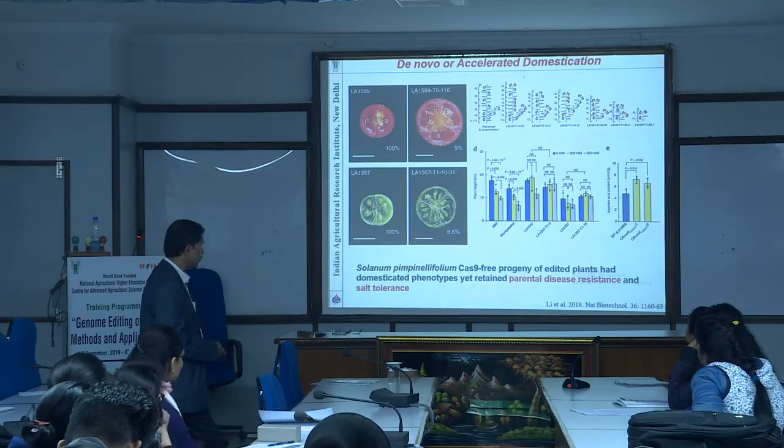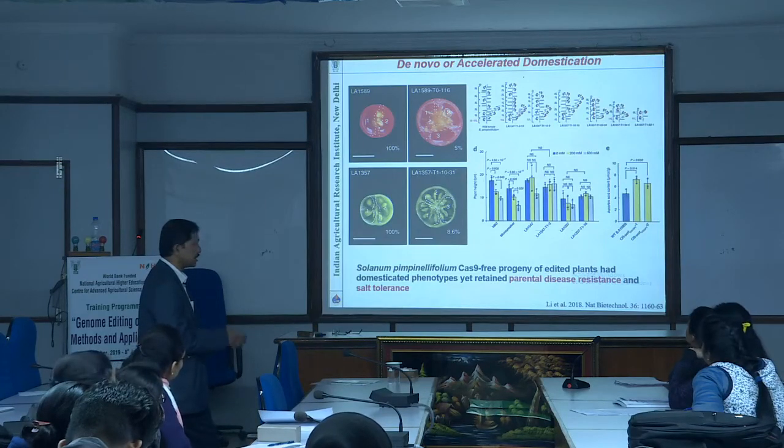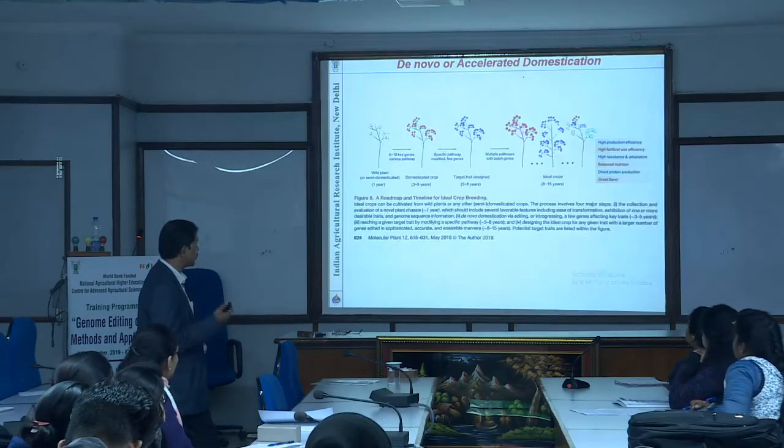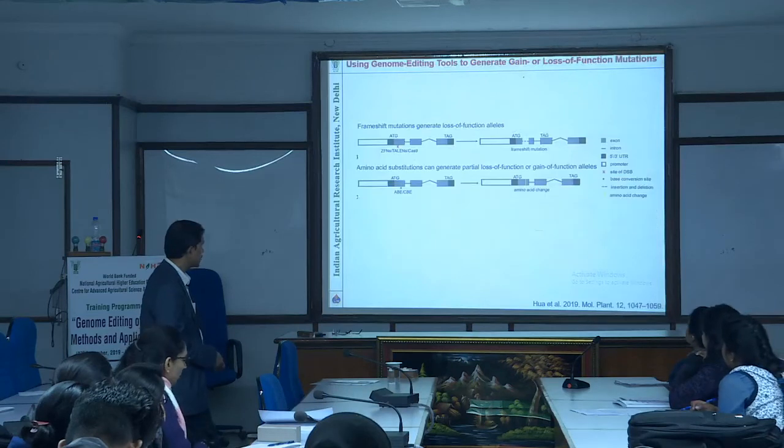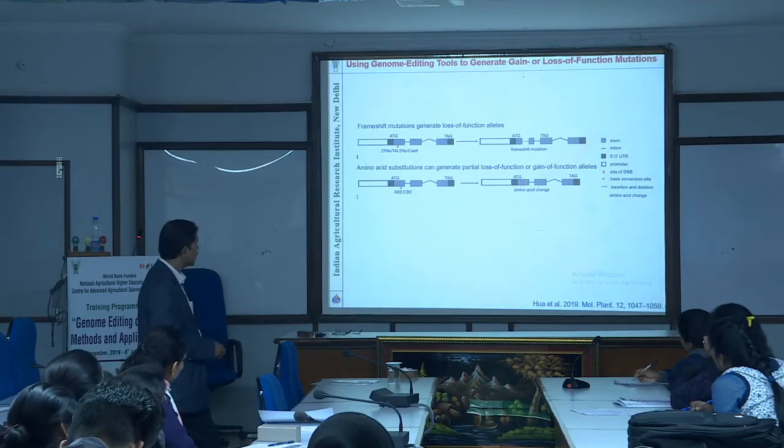So this is another approach wherein you use a plant which is naturally stress resistant and edit genes which are not related to stress to produce a plant which is highly stress tolerant. So these are a summary of the different approaches used in genome editing.